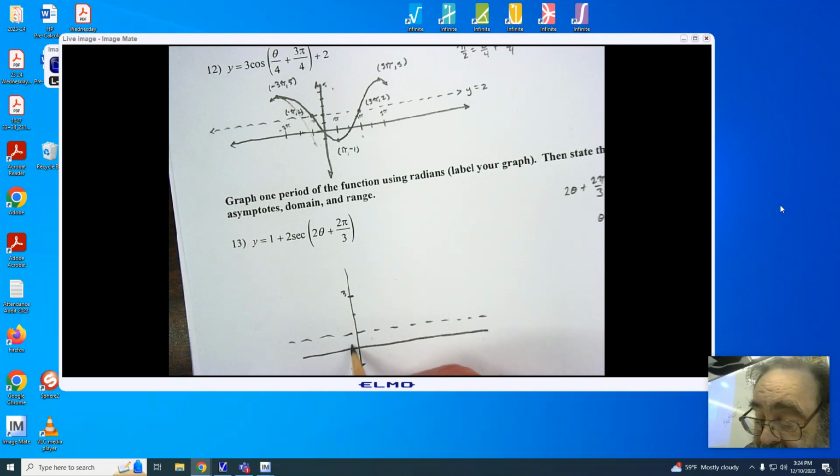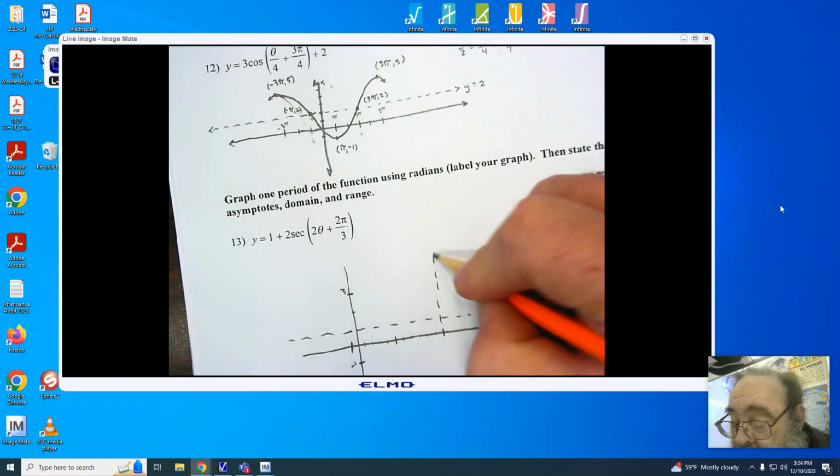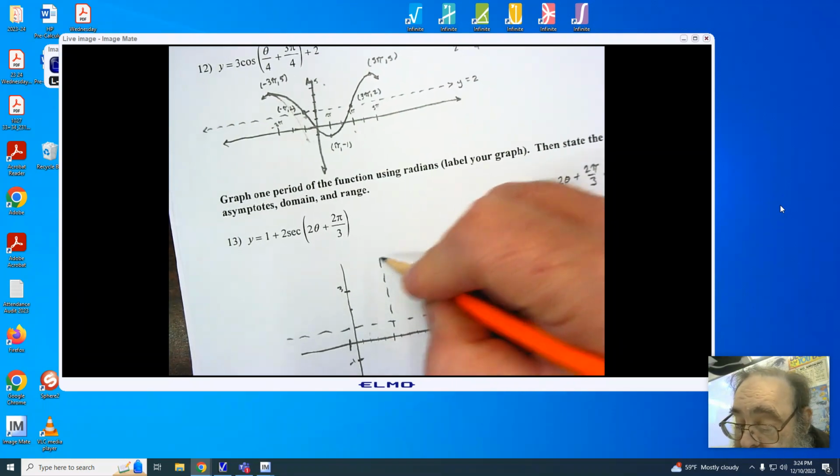So here's my negative pi over 12. 1, 2, 3, 4, 5, 6. There's the next asymptote. 1, 2, 3, 4, 5, 6. Drawing my asymptotes straight up and straight down.